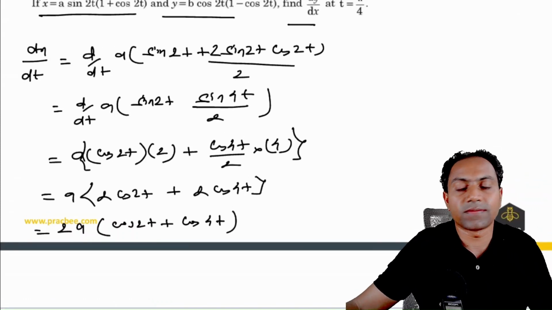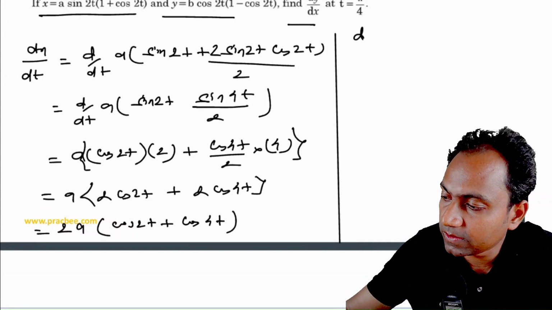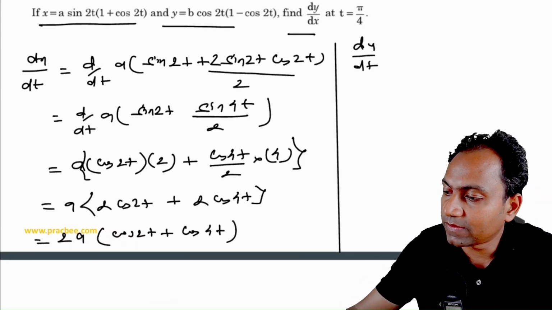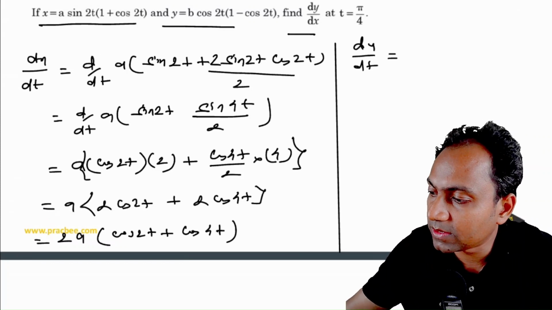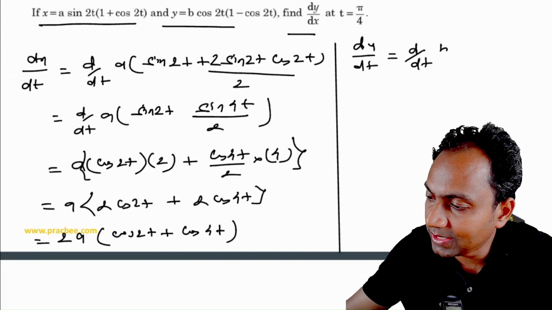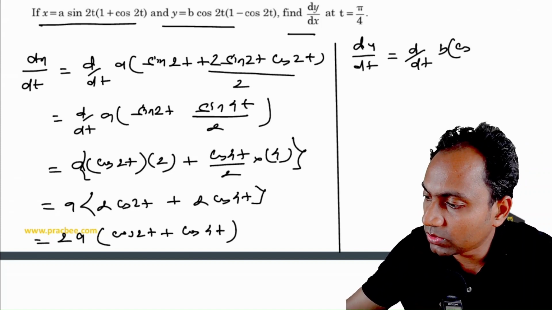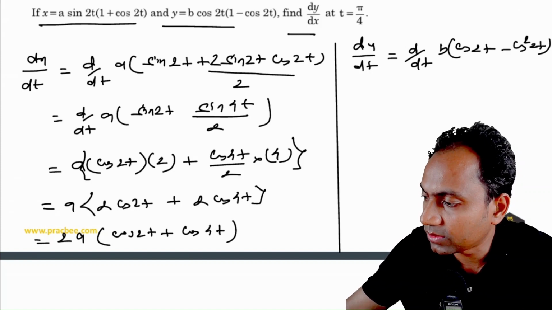Once you have done this, in the next part we can find the value of dy by dt. In order to find the value of dy by dt, let us differentiate this other part. Also for that we'll have to simplify it first. So if I want to do that, b is fine, but cos 2t we will have to take inside, and this will become cos square 2t.